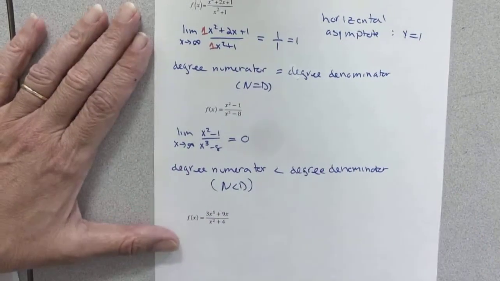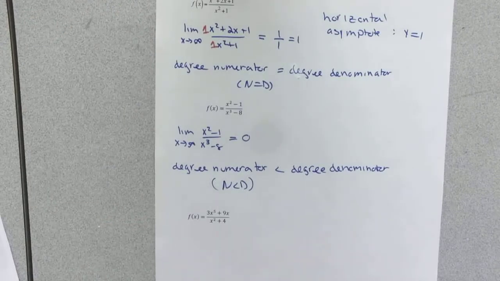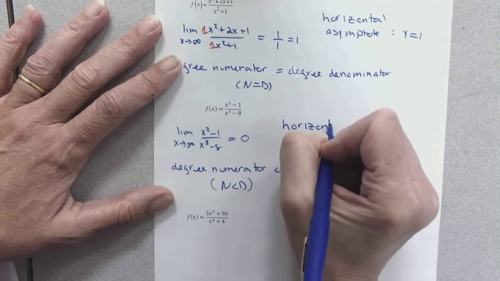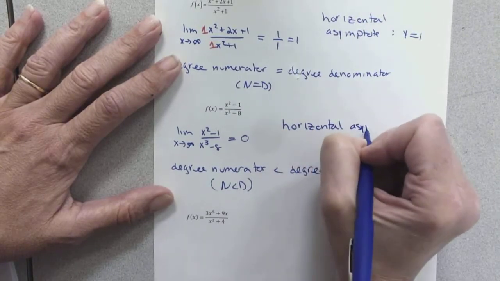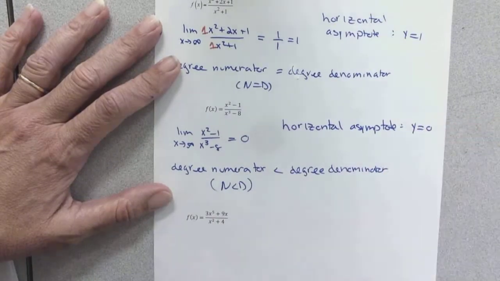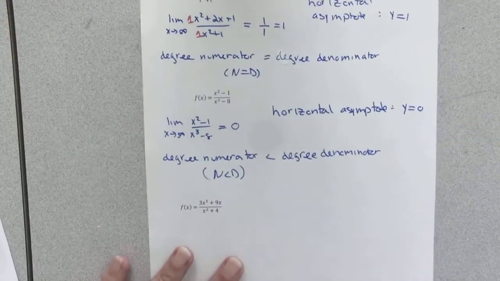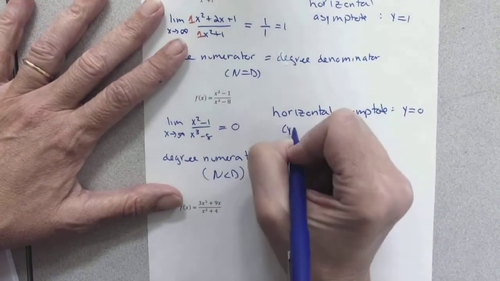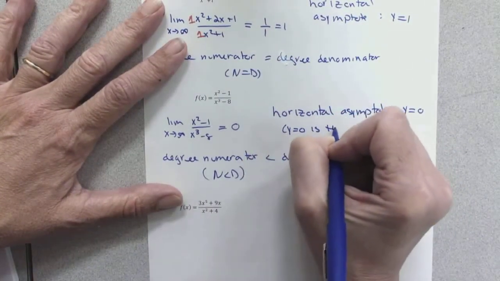Whenever that was the case, the limit was 0. And so we have a horizontal asymptote at y equals 0. And then you could take your calculator and check that. Remember, y equals 0 is the x-axis.